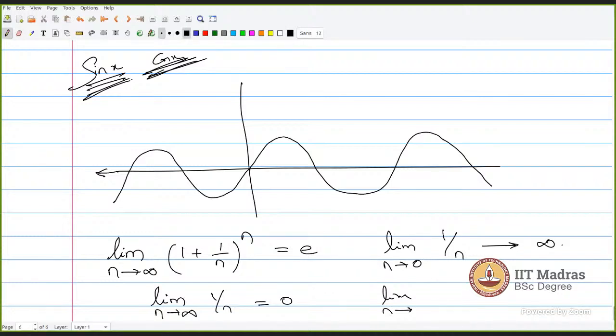Here we have 4 formulas, e power x only. One more sequence is n by nth root of n factorial. This will converge to e.